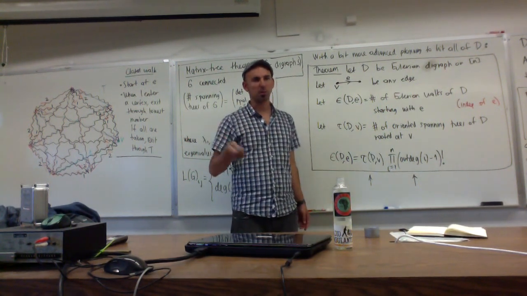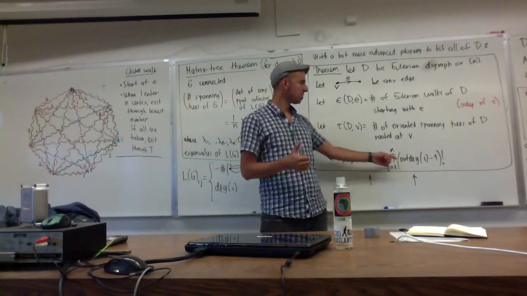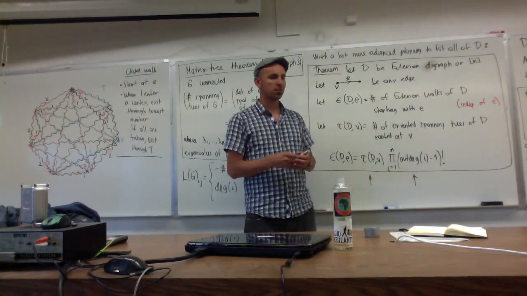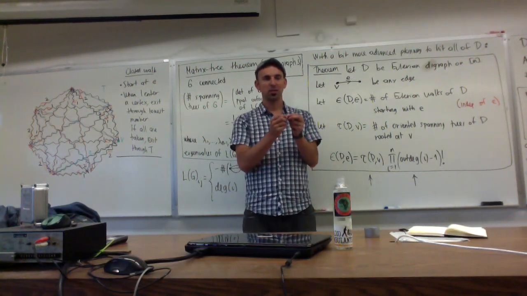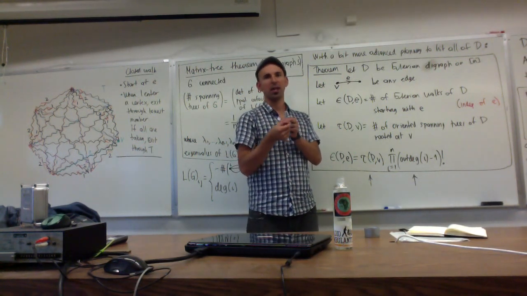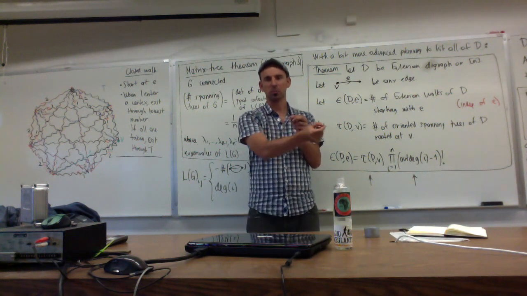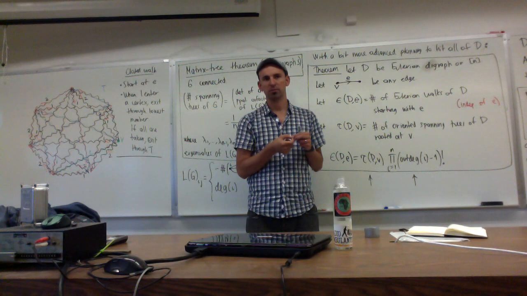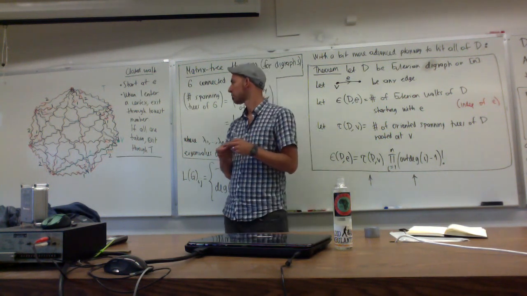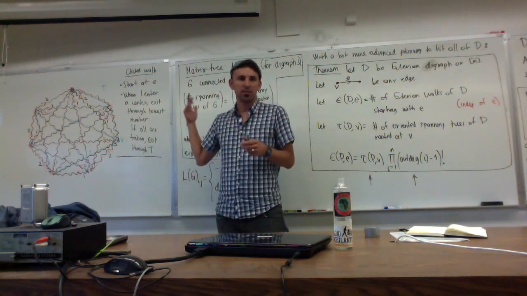So you just walked around. And now pay attention to the last time that you exited each vertex. So for each vertex, draw in blue the last edge that you exited in that walk. The claim is that that's a spanning tree. That's an oriented spanning tree. And if that's the case, then this is a bijection.